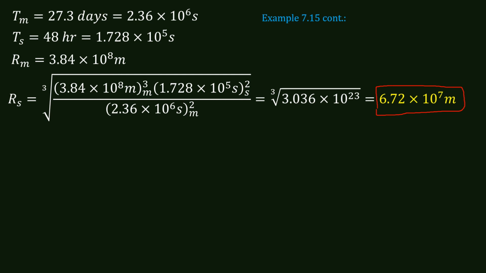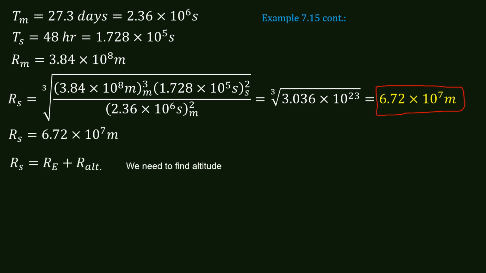But we want to find the altitude. So we have this relationship that R of S is equal to the radius of the Earth plus the distance, or the altitude, from the surface of the Earth. We need to find the altitude.